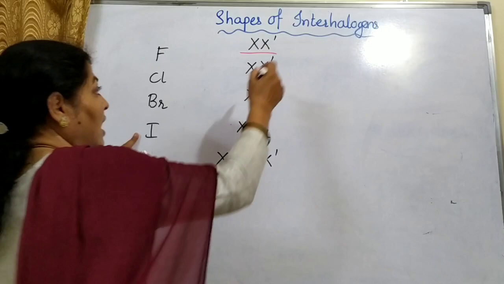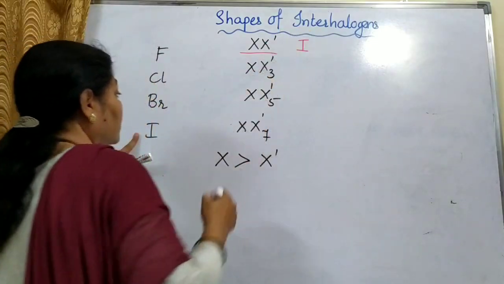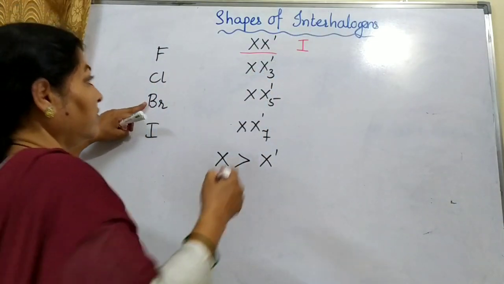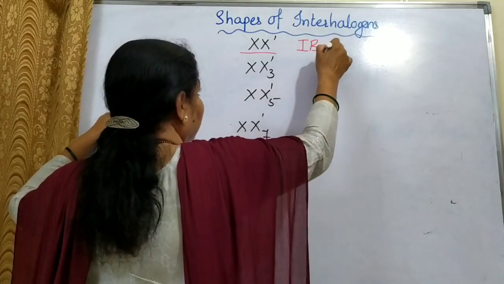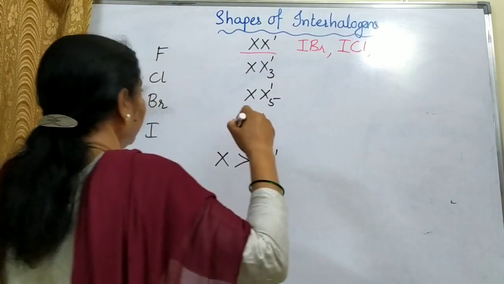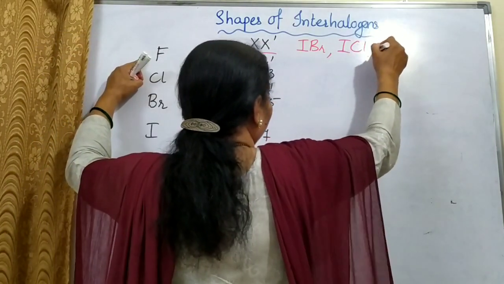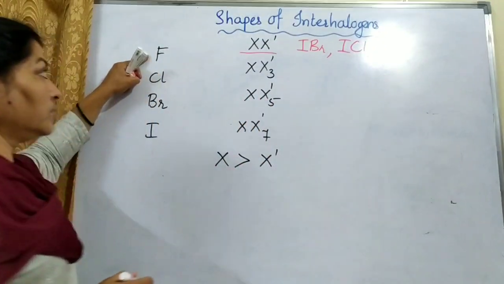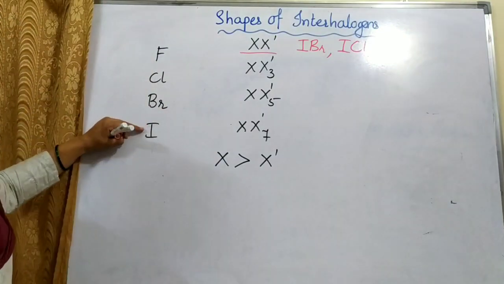So here I is bigger. Let us take I combining with Br, then I can combine with Cl, and I can combine with F. So these three compounds are possible where I is bigger in size.